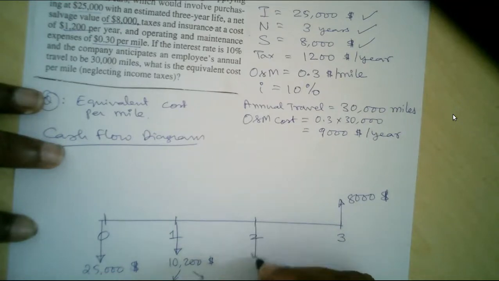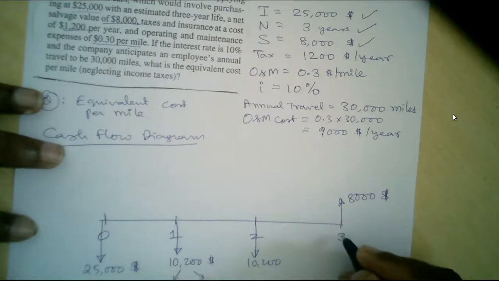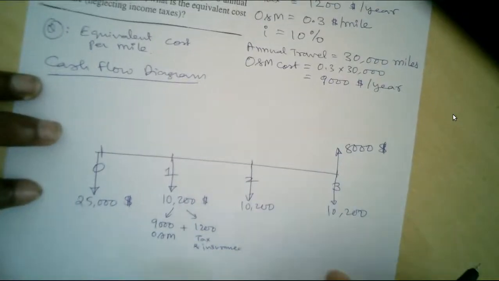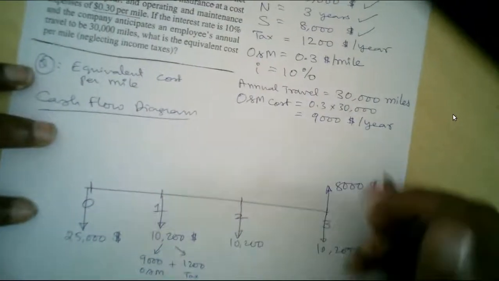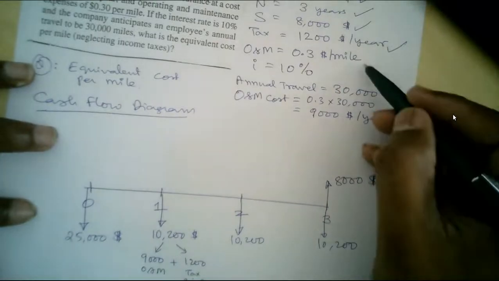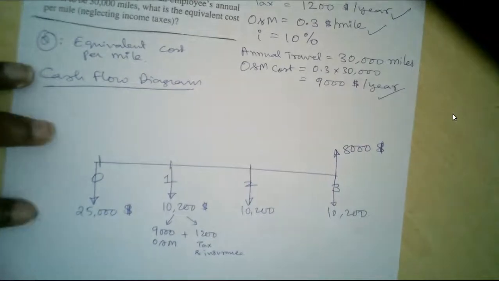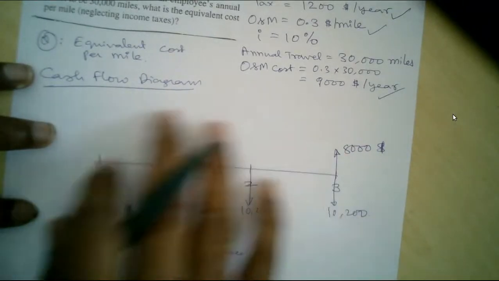Similarly, the same thing, $10,200, again $10,200. Okay, so we covered the taxes, we covered the O&M, so I think we covered everything. So this is my costs.